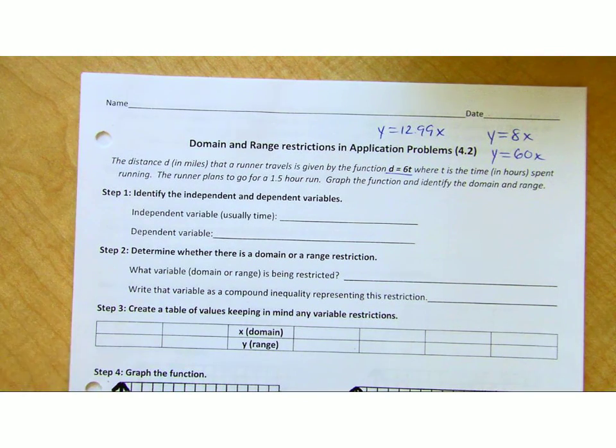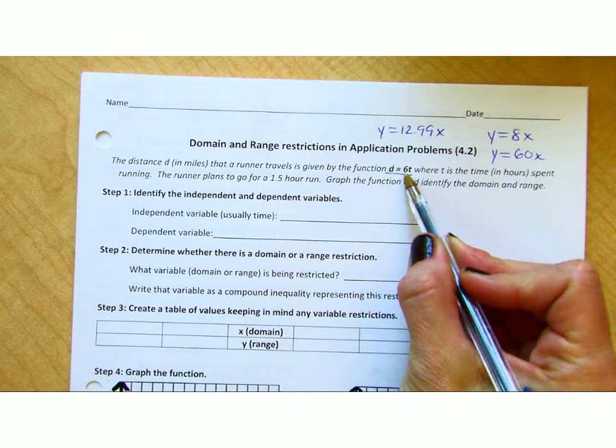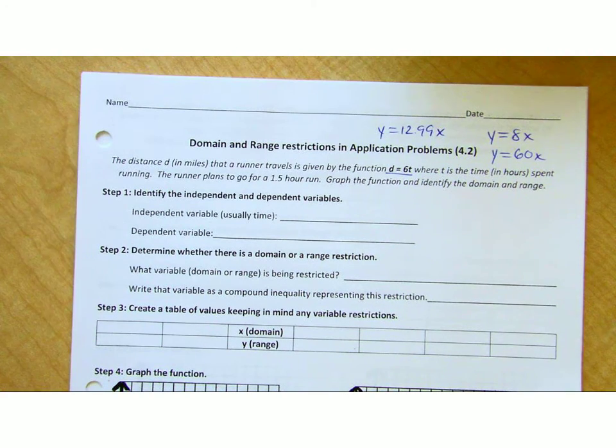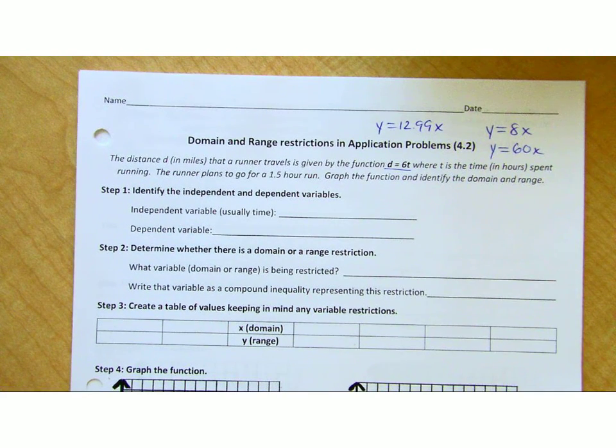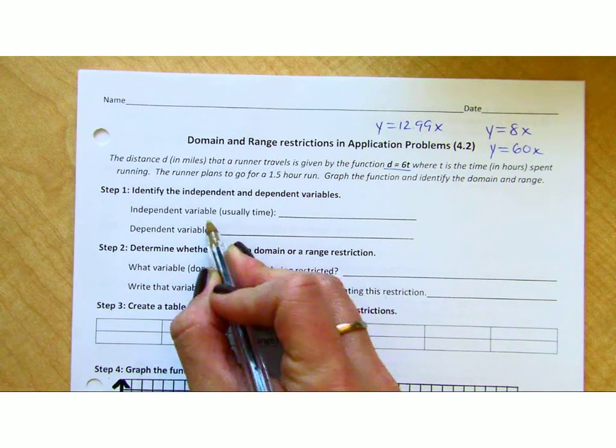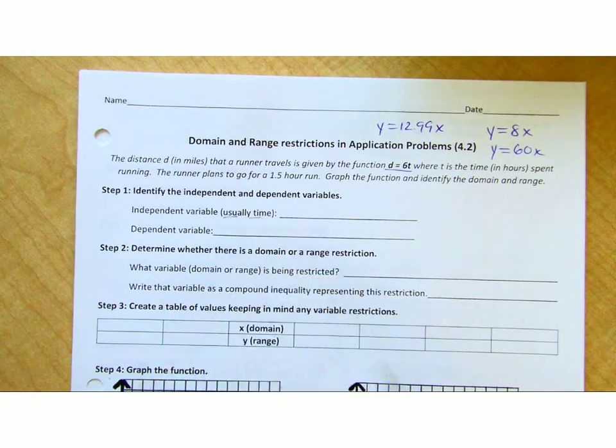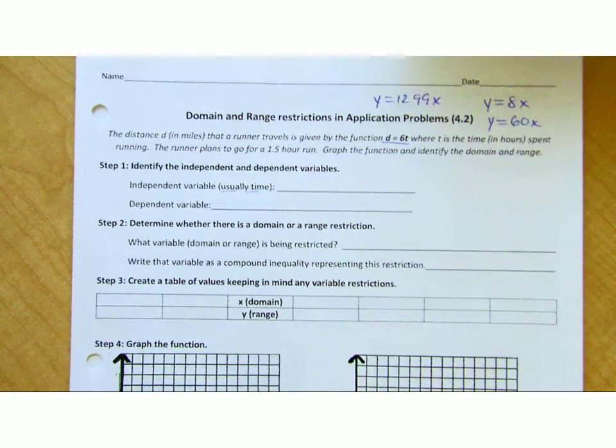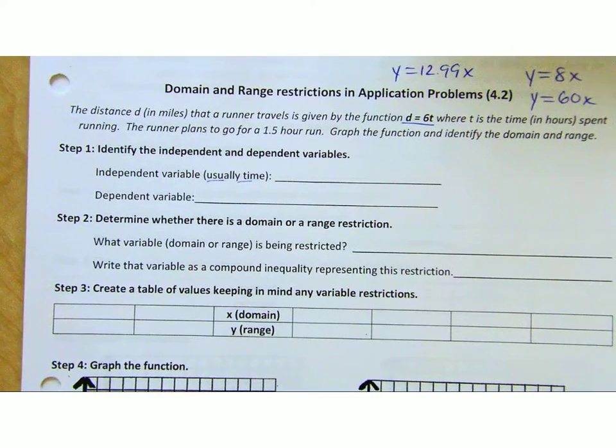So if this person is traveling 6 miles per hour as they're on this light jog, doesn't the distance depend on the time? If they're running for 1 hour, they've gone 6. If they're running for 2, right? So the independent variable, I gave you a huge hint, 90% of the time, it's going to be time, right?